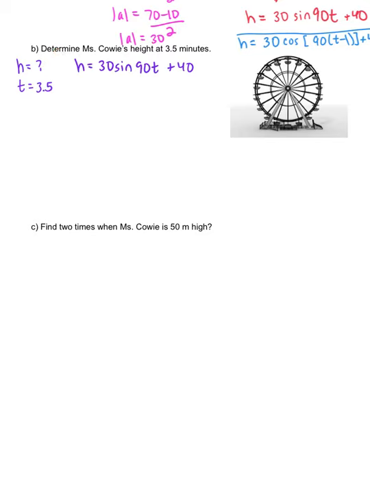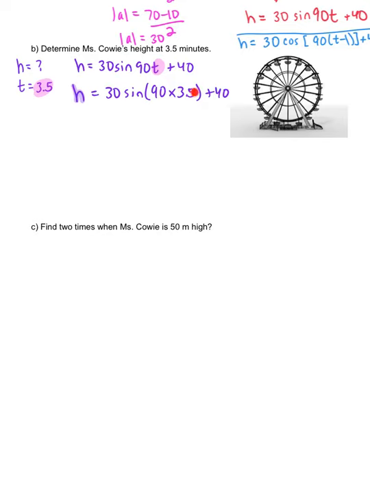So we are finding h given the time. So we are going to substitute in this time of 3.5 in for t. So we get h is equal to 30, and then I'm just going to do brackets, 90 times 3.5 plus 40, just to make sure that you're finding sine of 90 times 3.5.